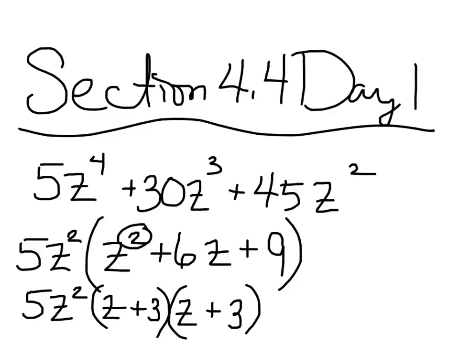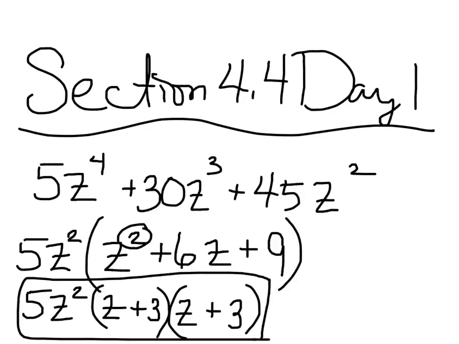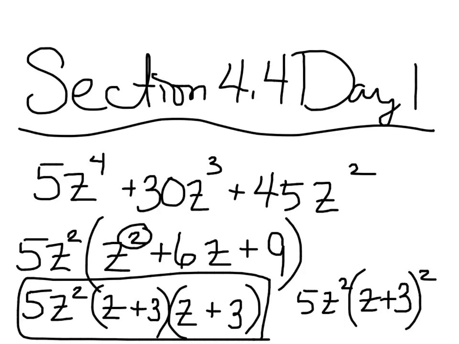No. Now, this answer, I would accept if you leave it like this, or if you would write it as 5z squared times (z plus 3) squared. That would also be acceptable for this answer. What do you think? Have you done this before? Oh yeah, you have. I know it's not everybody's favorite, but it's what this one's about.